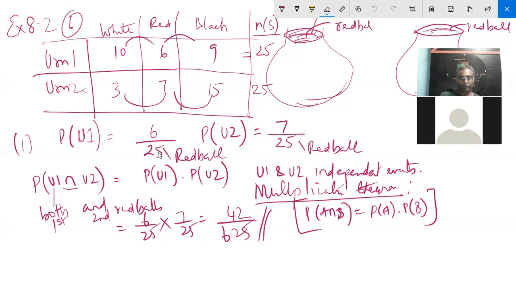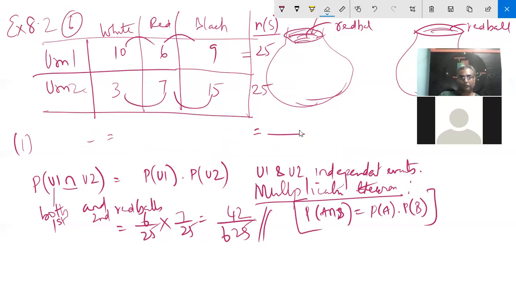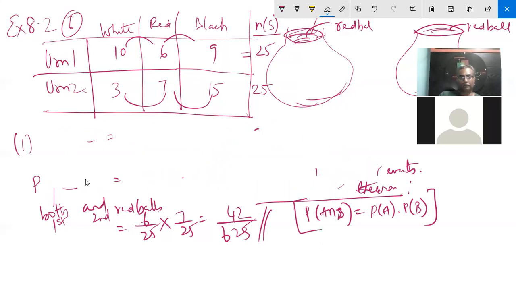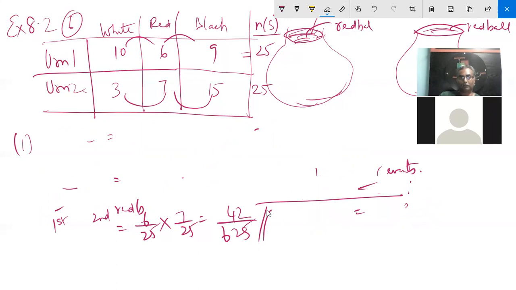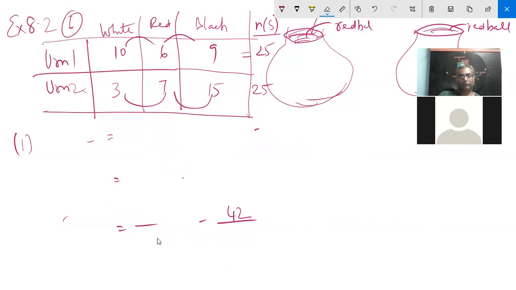You have to find out both balls are of the same color. See, this one is 42 by 625. Let us retain that. I will tell you why you should retain that. 42 by 625.